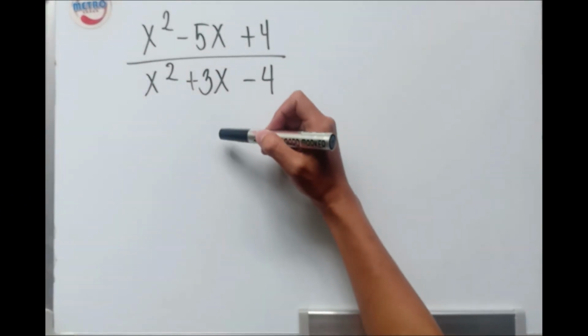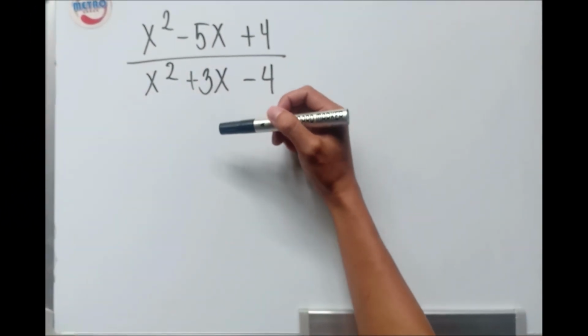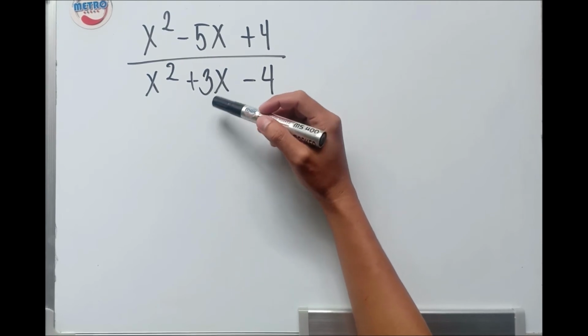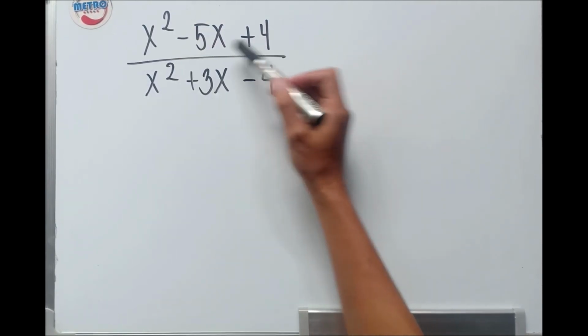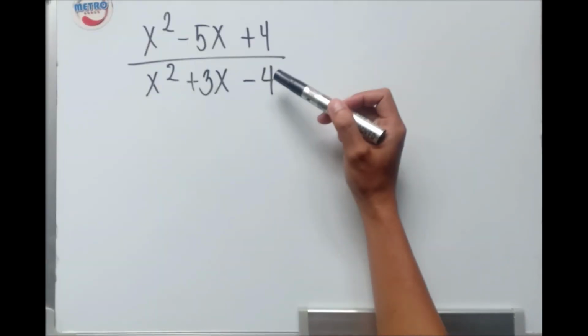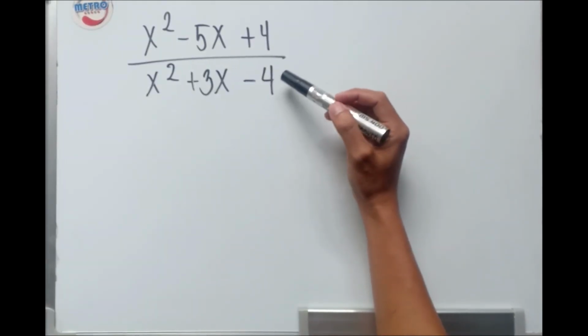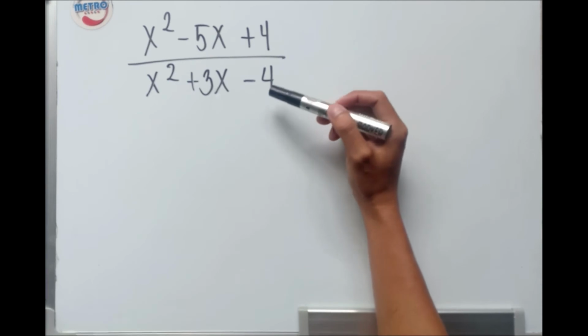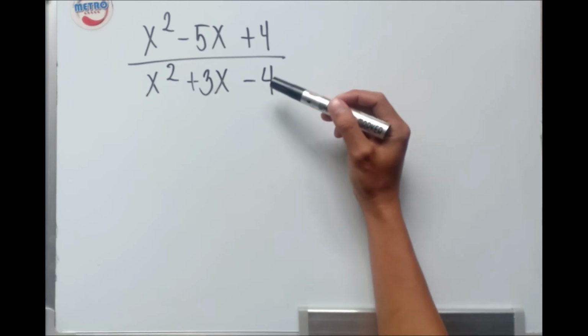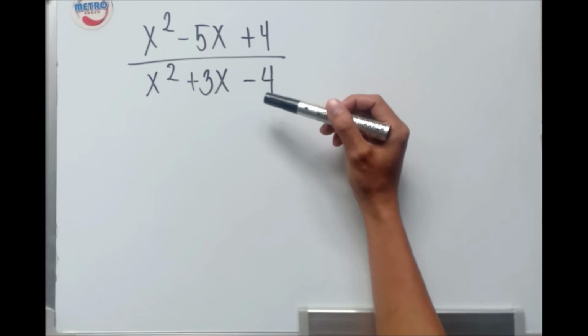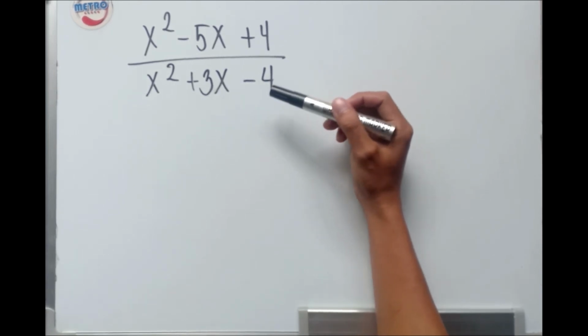Now, let's have another example for simplifying rational expressions. In this given, you will notice that our numerator and our denominator are examples of trinomials. In this case, you must practice factoring trinomials.